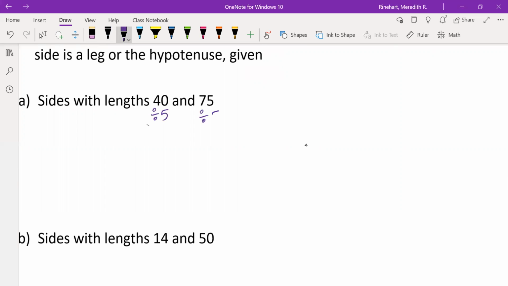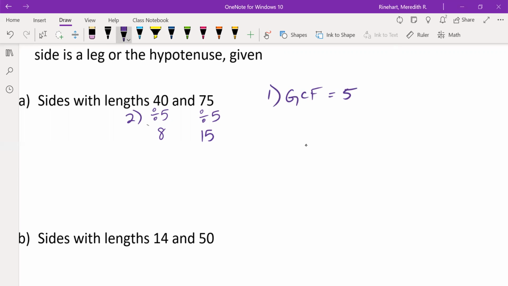If we divide both by 5, we get 8, and 75 divided by 5 is 15. So it looks like the GCF here is 5. That was our first step. Our second step was dividing, which we did right here, and we got 8 and 15.